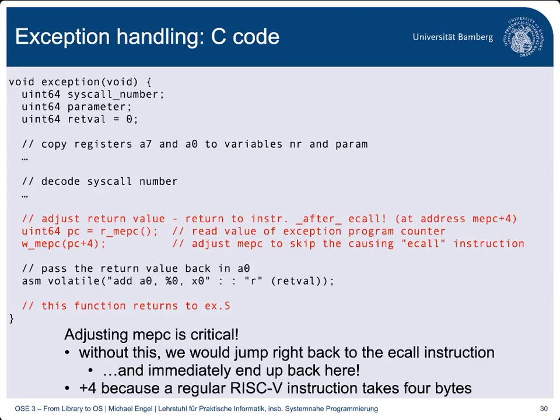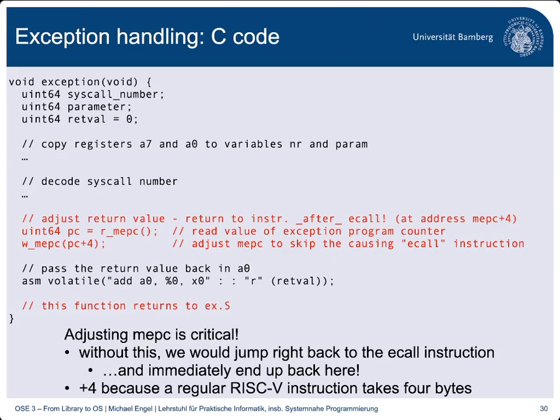So if you look at the code in red here, we read our MEPC register into a variable PC, which is a 64-bit uint. And then we write PC plus 4 back. So eCall as an instruction is always 4 bytes in length. So we know that the instruction that comes after the eCall in the user code memory is always at the address of the eCall instruction plus 4.